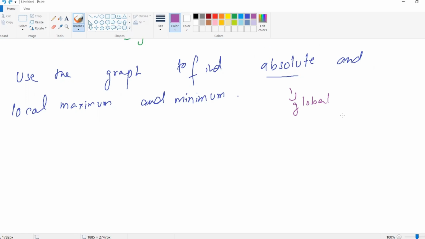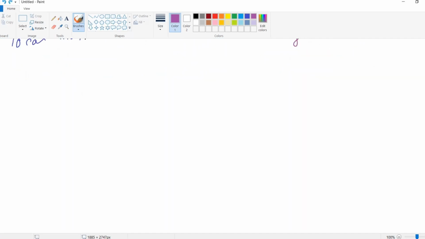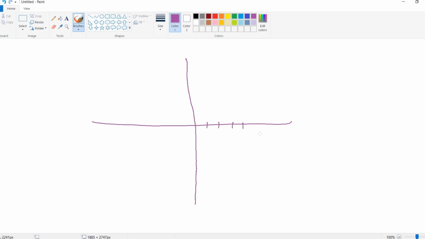So let's just say this is a graph. Let me draw the graph of the function given to you. This is 1, -4.